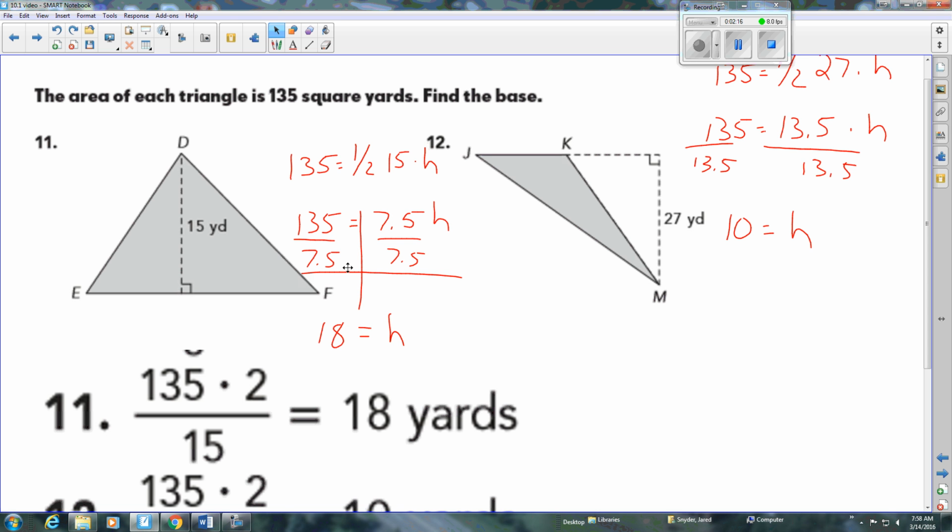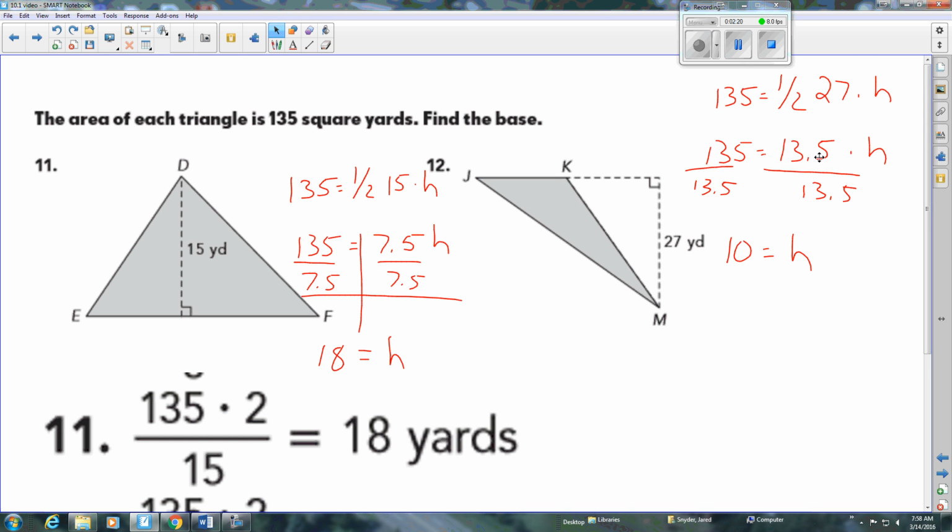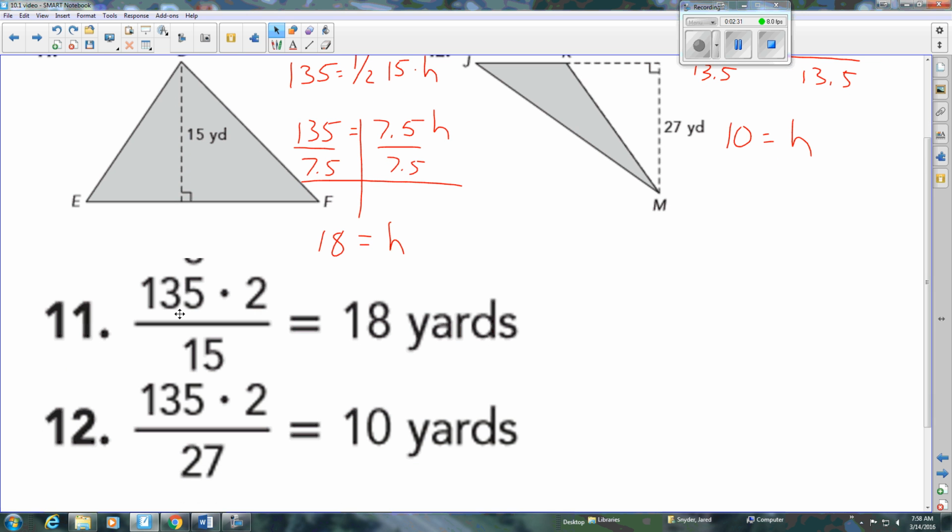So 135 divided by 7.5 is 18. 135 equals 1/2 of 27 times the height. That's 13.5, divide both sides by 13.5. 135 divided by 13.5 is 10. Again, the book: 135 times 2 divided by 15 is 18. 135 times 2 divided by 27 is 10.